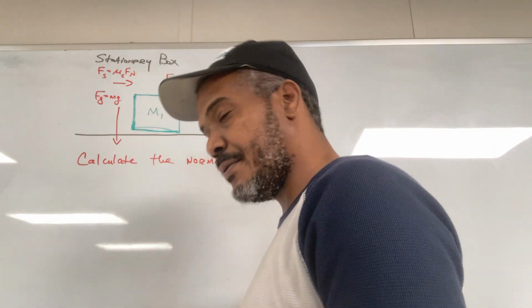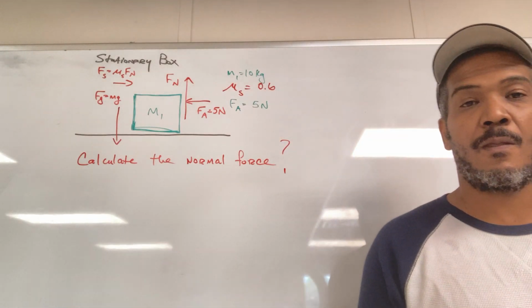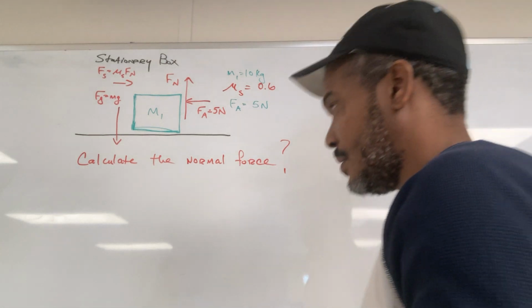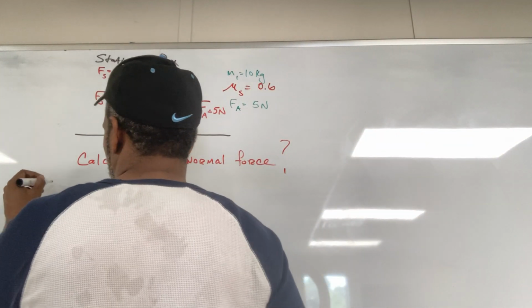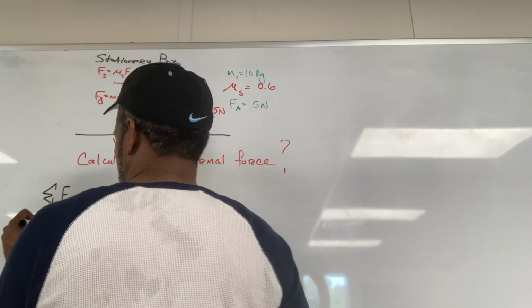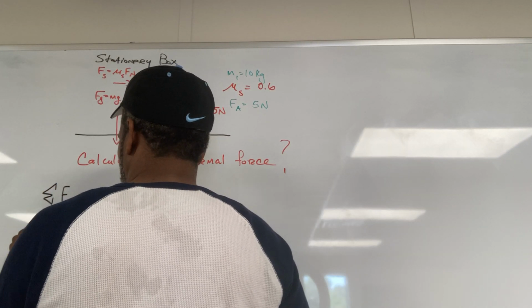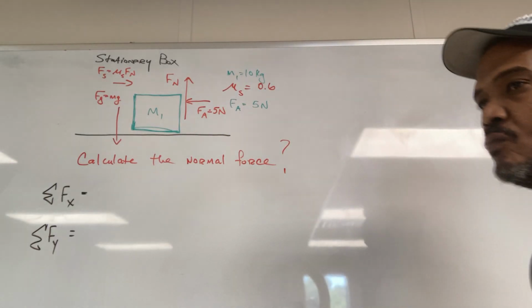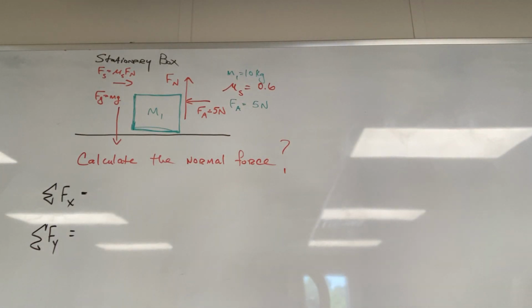What do we do now? What's the next step in the free body diagram? Add all the forces together. Sum all of the forces in each direction. Right?